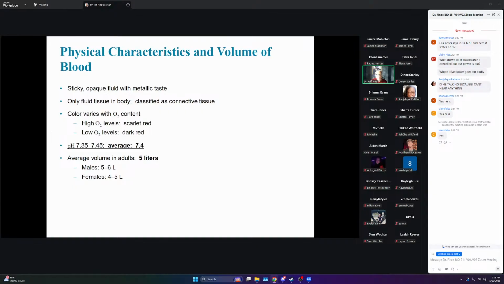An absolute neutral pH level on a pH scale is 7. The scale goes from 0 up to 14. Anything below 7, as you move from 7 down toward 0, is becoming more and more of an acid. And as you move from 7 up toward 14, it becomes more of a base or more of an alkaline.